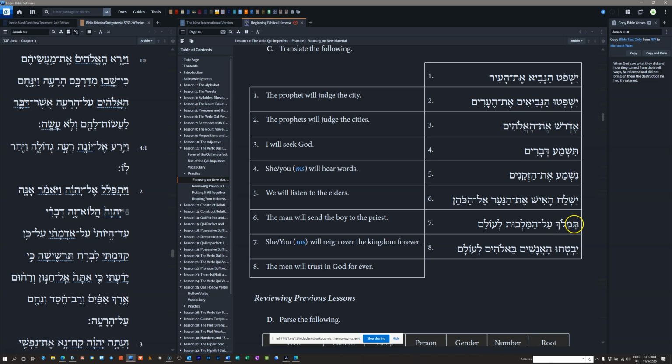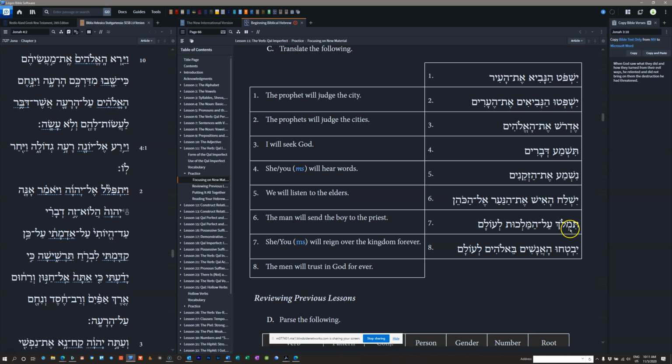So all that to say, tav gets used a lot in the imperfect, but what we need to look at here is the tav and the absence of a suffix. Tav without a suffix gets used in the Qal Imperfect for the 3FS and the 2MS. So that's what we're looking at.